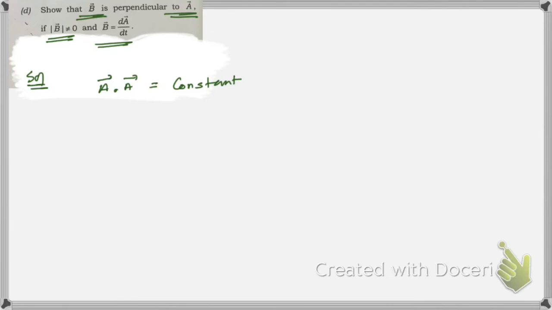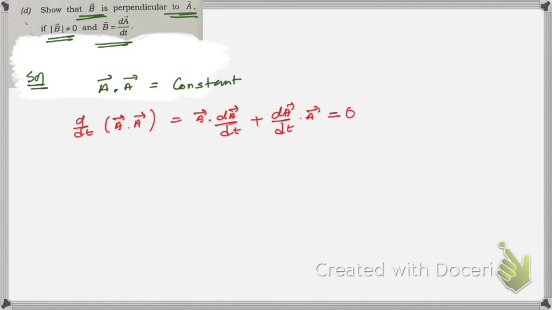And if you find the time derivative using the product rule of a dot a, then you will get a dot dA by dt, plus dA by dt dot a, is equal to 0, because the derivative of a constant is 0, right?